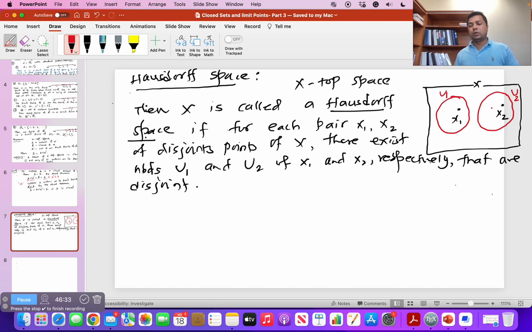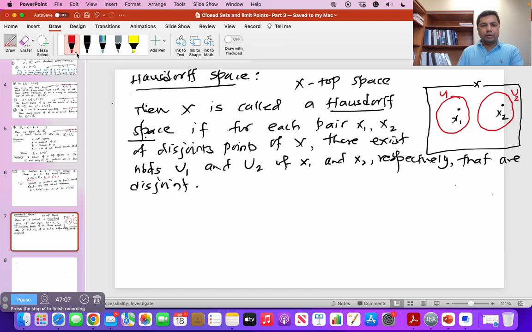So if this property holds for every pair of distinct points in the topological space, that is, if we can find two disjoint neighborhoods U1 for x1 and U2 for x2, then that topological space is called a Hausdorff space. Disjoint means if you take the intersection of U1 and U2, the intersection must be the empty set.